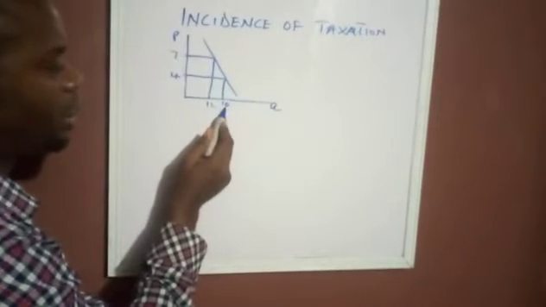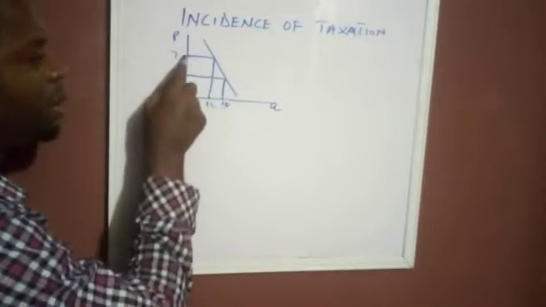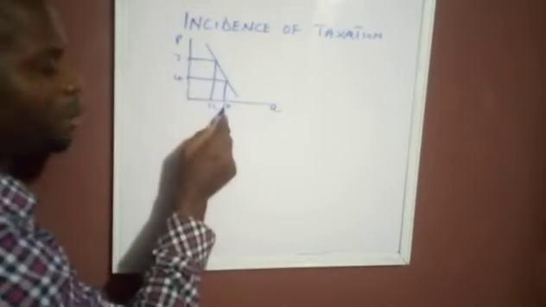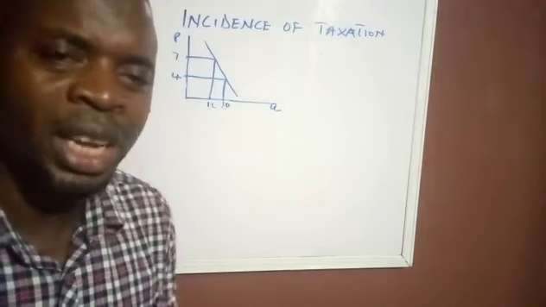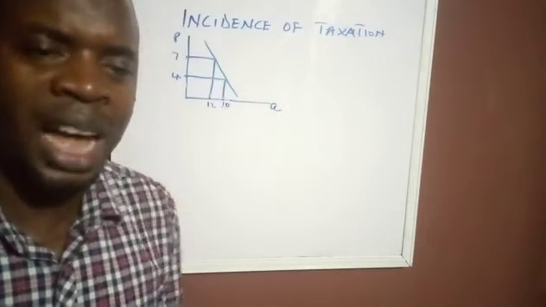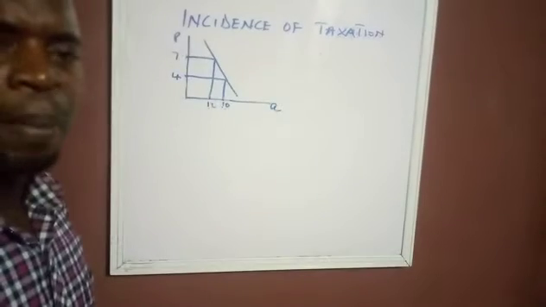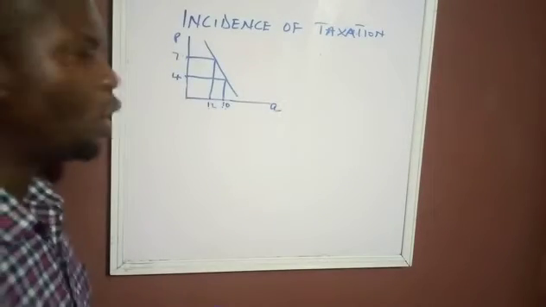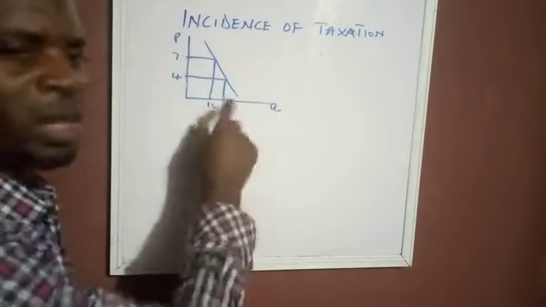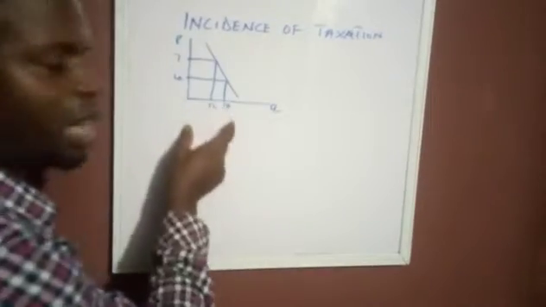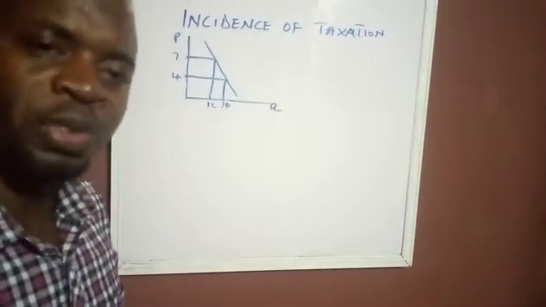Do you understand? So this space here must be greater than the space here. That is another way of knowing your fairly inelastic. And if you use the formula, the percentage change in quantity demanded over the percentage change in price, to look for the elasticity of demand of what I have drawn here, you are going to see that it's fairly inelastic.